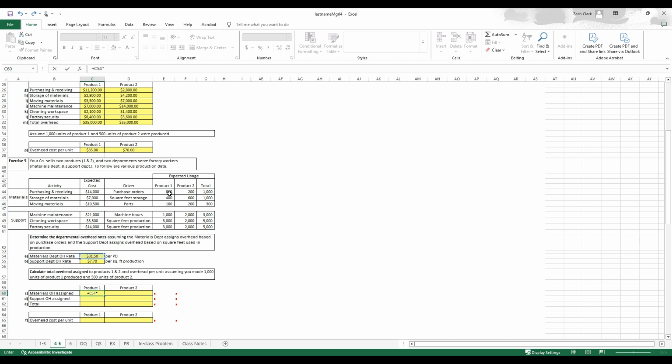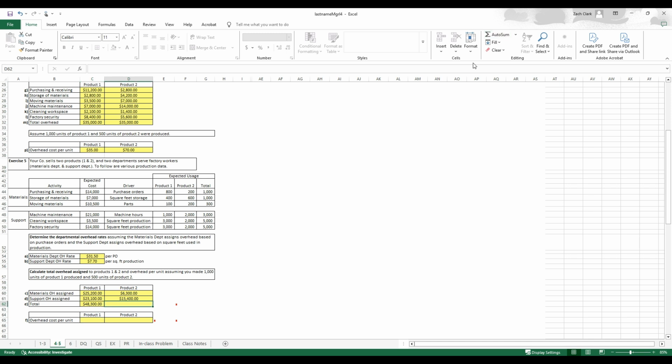We have 800 in product 1, and we have per PO 200 for product 2. And then for our support department per square foot, we have 3,000 and 2,000. So we're going to go 770 times 3,000 for product 1, and then 770 times 2,000 for product 2.